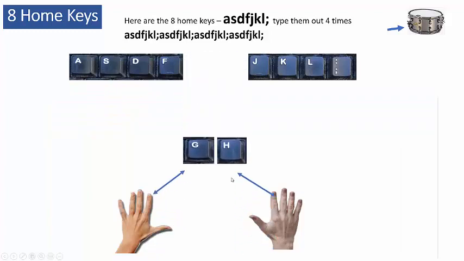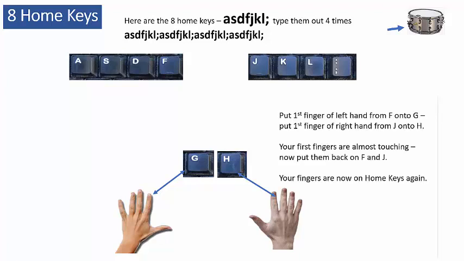Now let's bring those down. What I want you to do is to move from the F to the G and back to the F. From the J to the H and back to the J. So let's have a look at that.